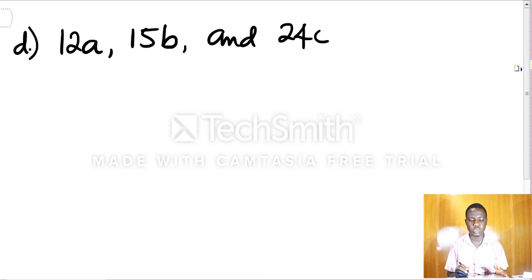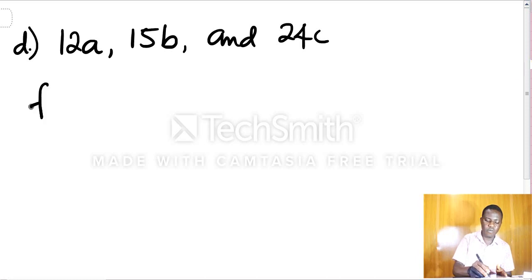Next is 12a, 15b, and 24c. So then get all the factors of 12a, 15b, and 24c.